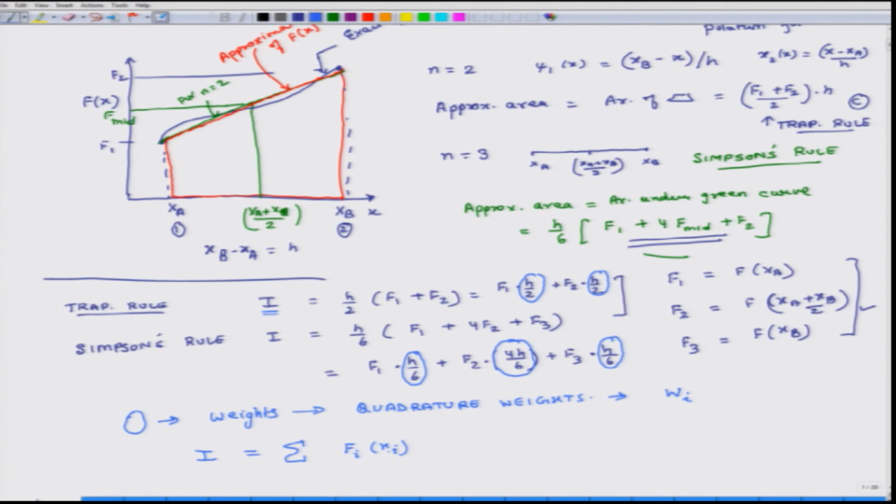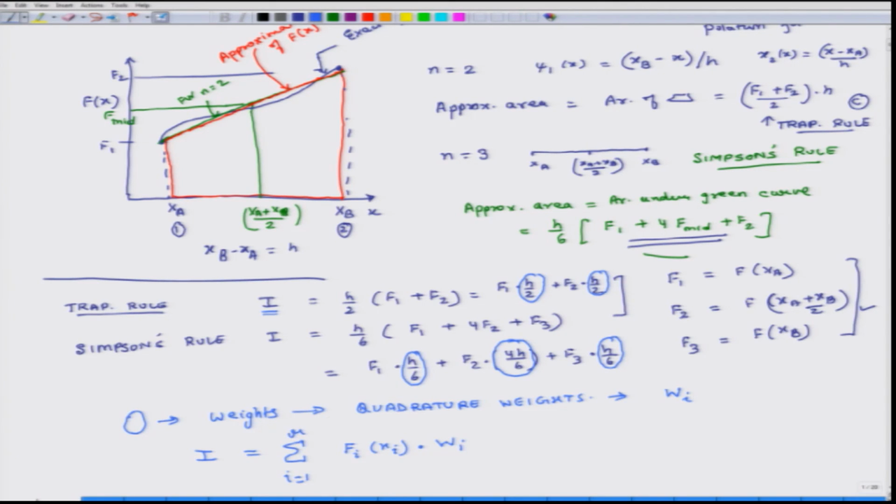So f of xi means it is the value of f at the ith node, and the coordinate of that ith node is xi, okay, times the quadrature weight associated with that node, and this is being done from 1 to r.